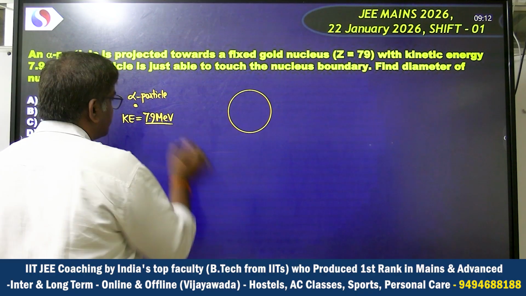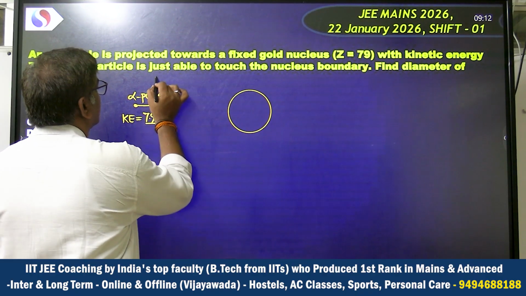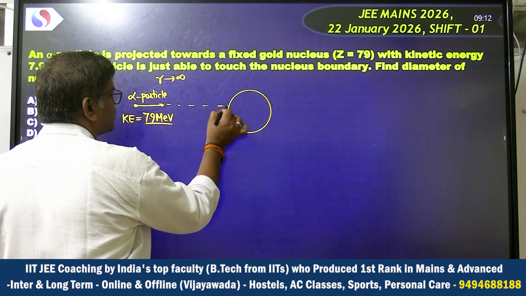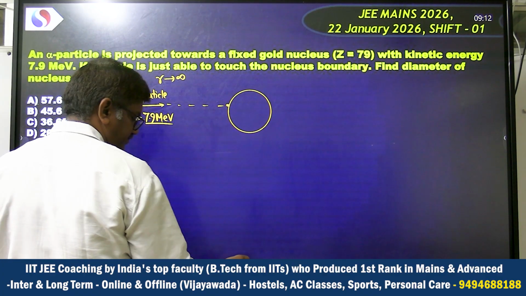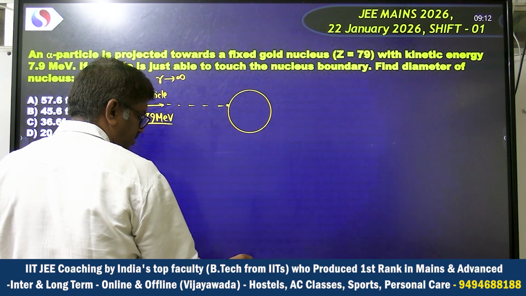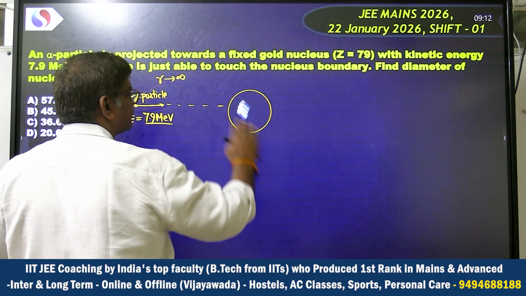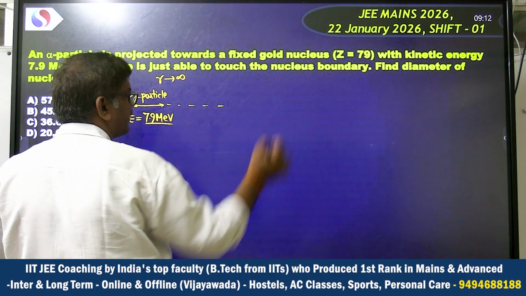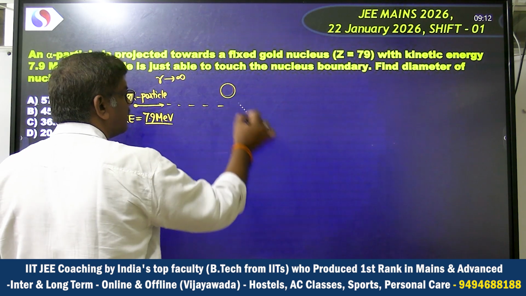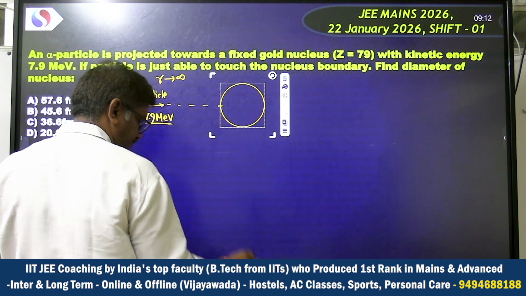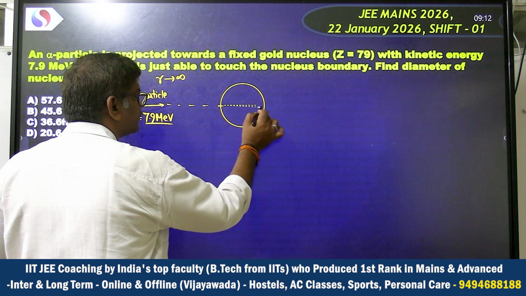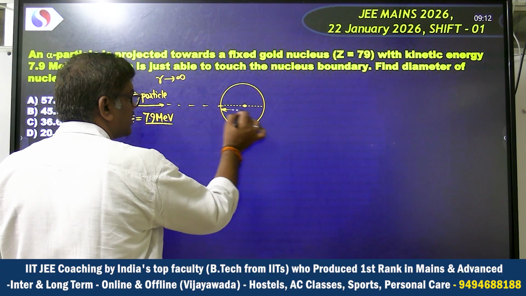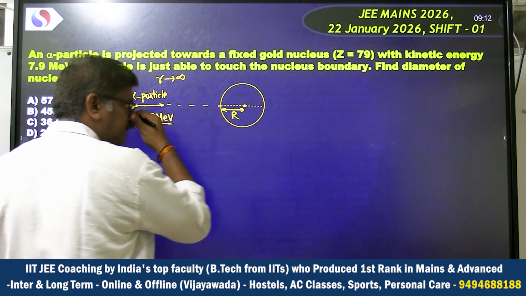Now, this is being projected from a large distance and it is just able to reach the surface of this nucleus. That means from the center its distance will be the radius.